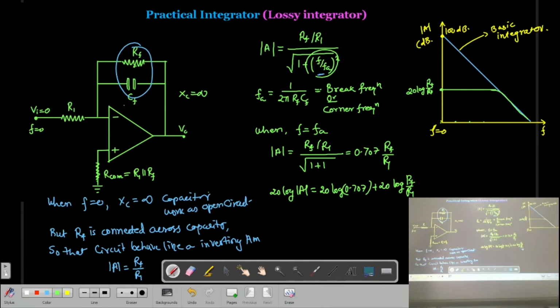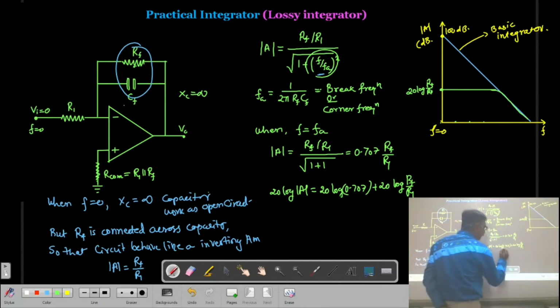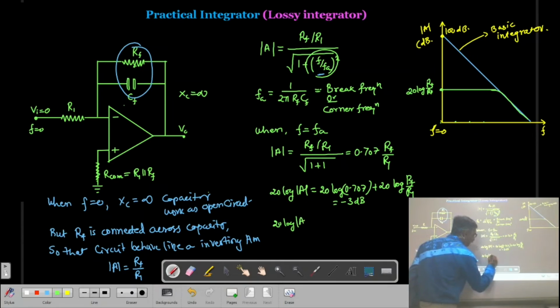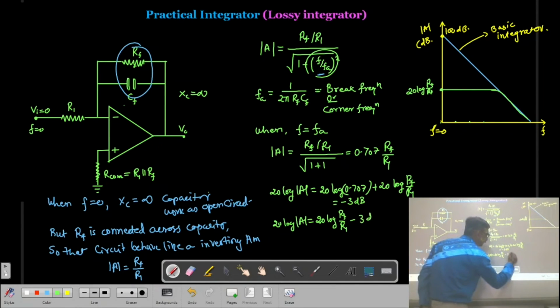We are taking the log on both sides because we want to calculate the gain in dB. And this 20 log 0.707 is nothing but minus 3 dB. Remember, you can calculate it with the calculator. So in this case, the gain of this amplifier is 20 log Rf by R1 minus 3 dB.